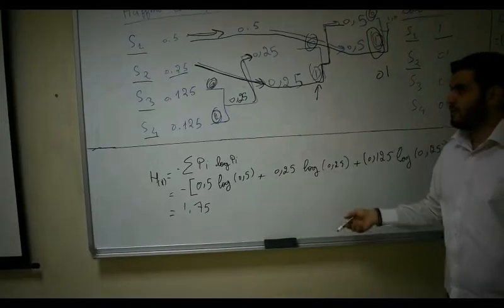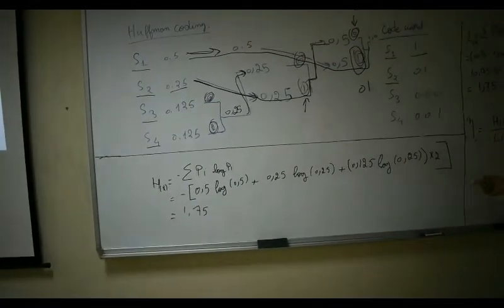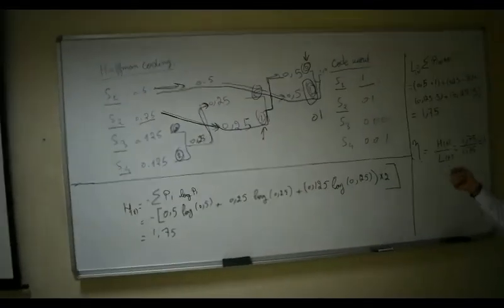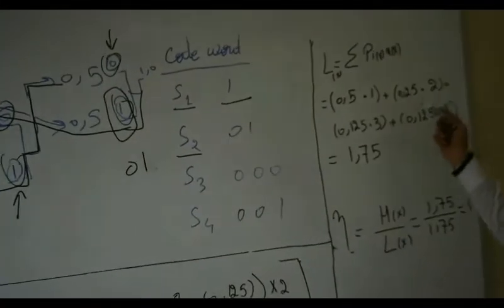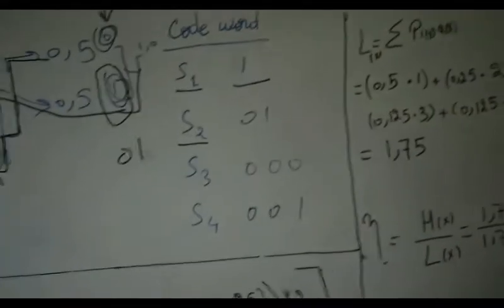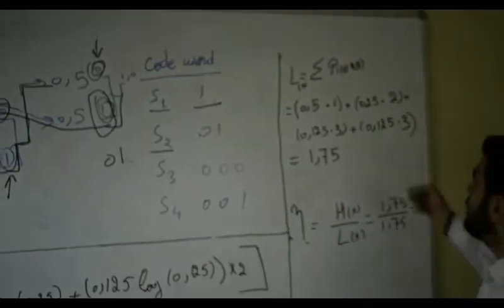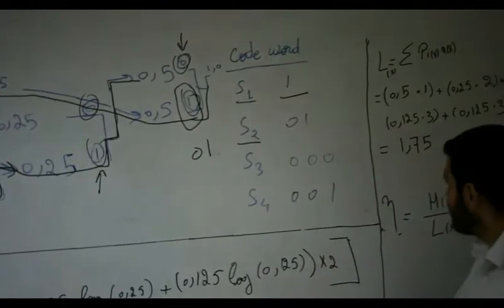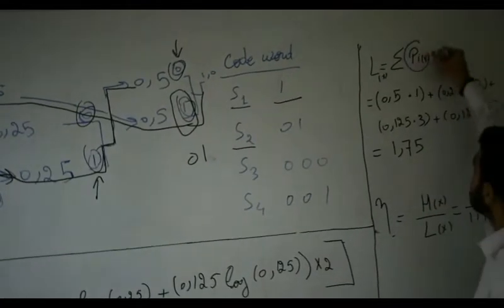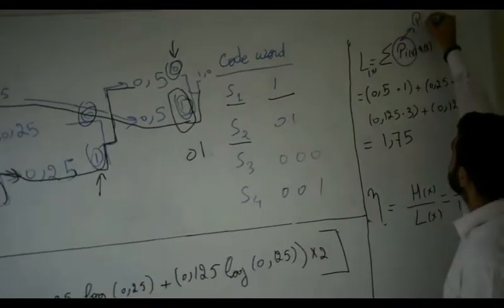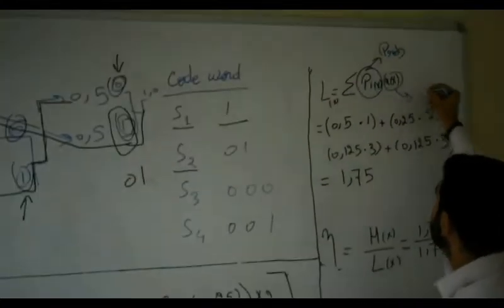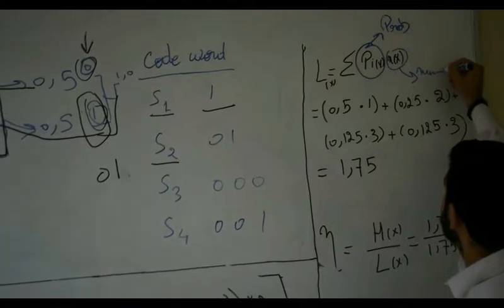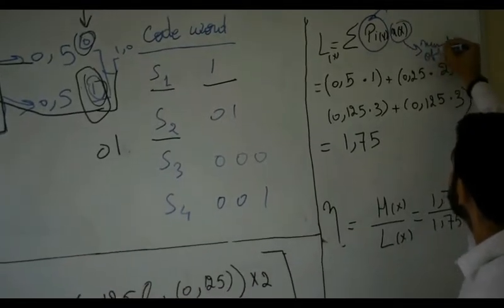To calculate the average length, we write the equation L equals sigma Pi times Ni, where Pi is the probability and Ni is the number of bits.